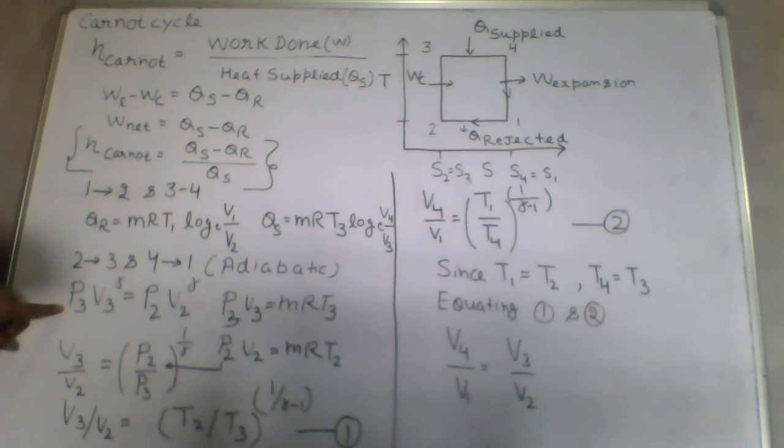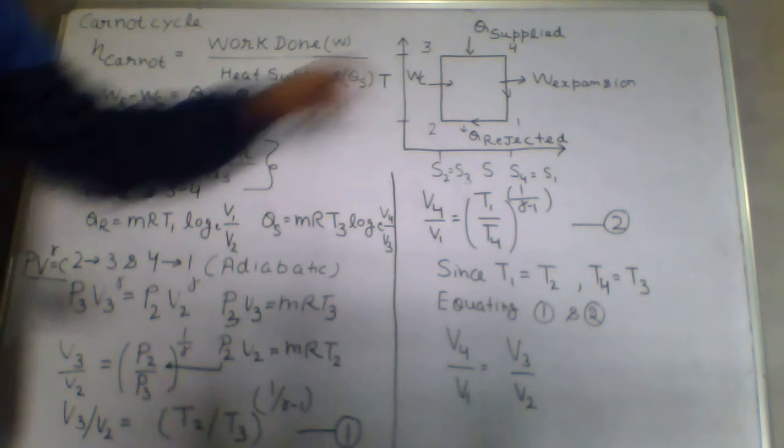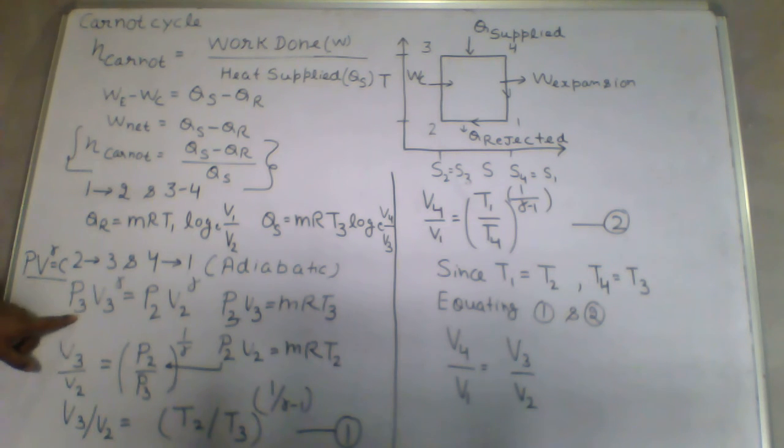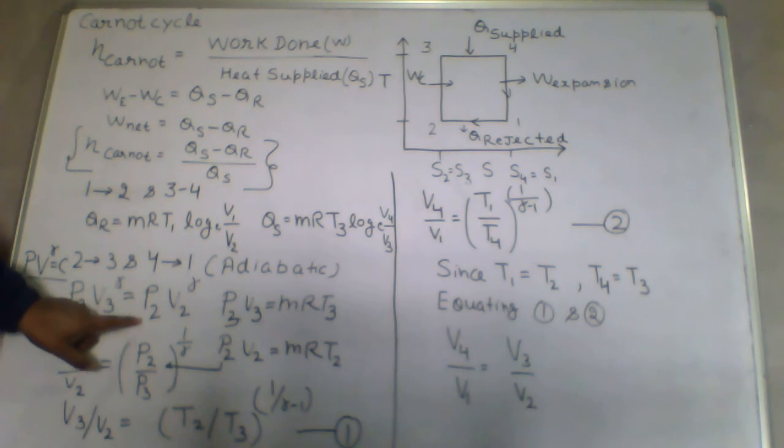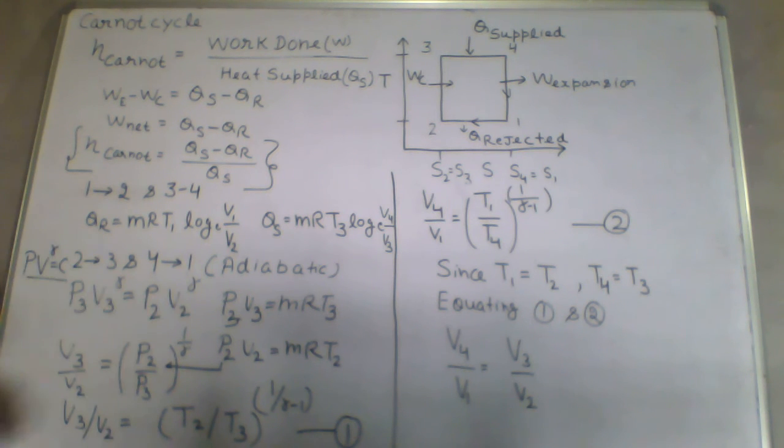So for adiabatic compression, this is the equation: PV raised to power gamma is equal to constant. This is the expression for the adiabatic equation. So 2 to 3 is your adiabatic process, and you can write P3 V3 raised to power gamma is equal to P2 V2 raised to power gamma.